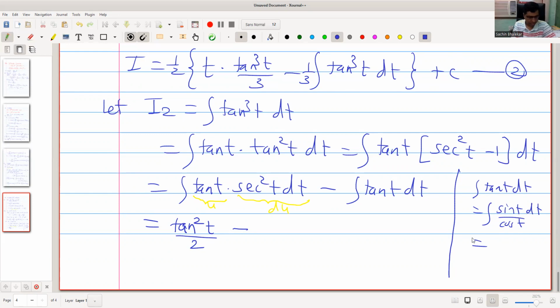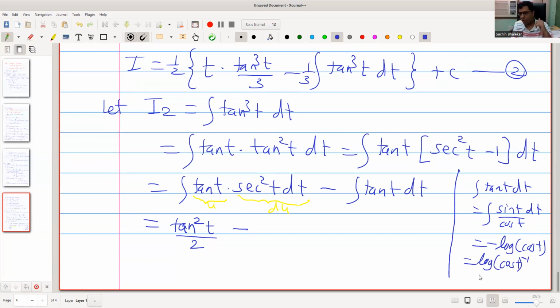So this is minus log of cos t, and we know that a constant multiplied by log of something, the constant will be raised as a power, so this is the log of cos t raised to minus 1.